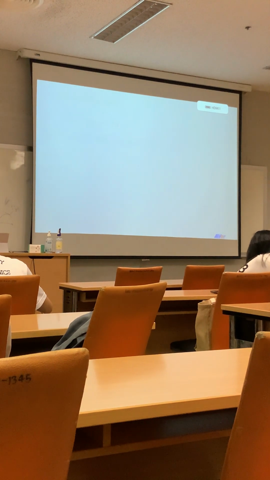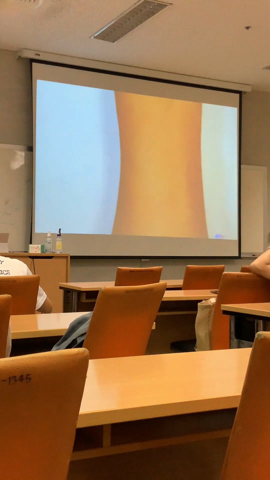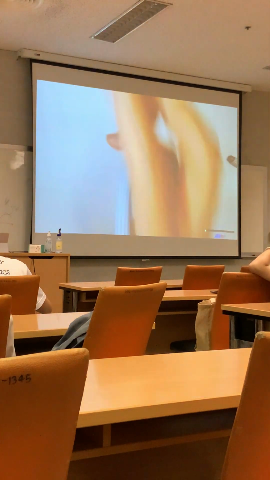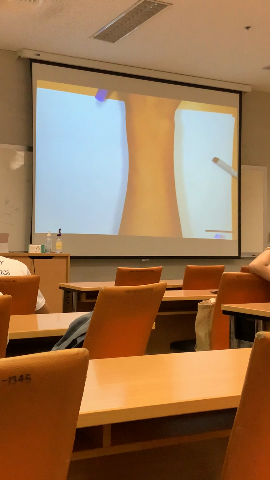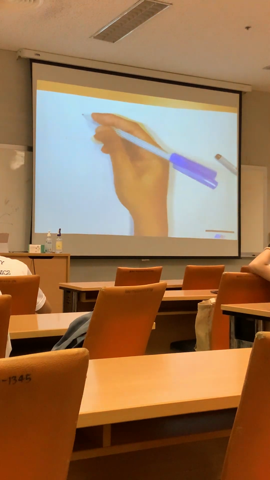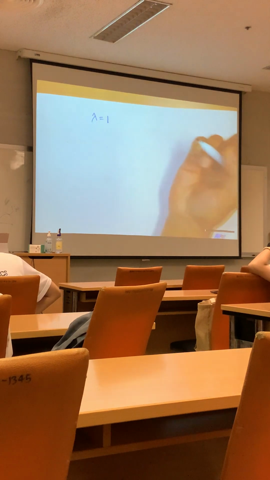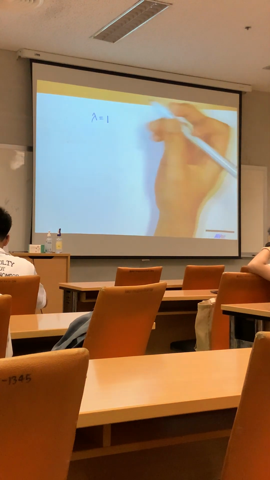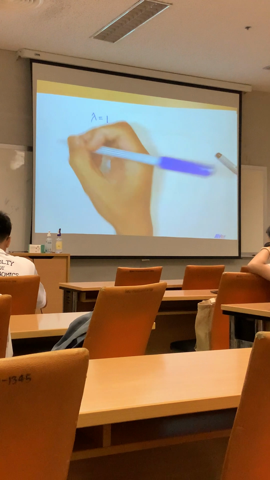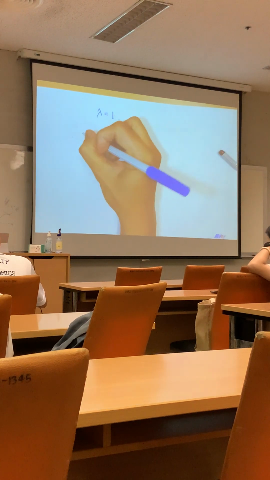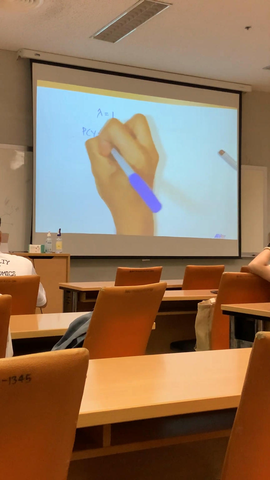Okay, so let's work it out together. So you have lambda equal to 1, right? And it has to be Poisson distribution. And the first question is, what is the probability of y equal to 0?